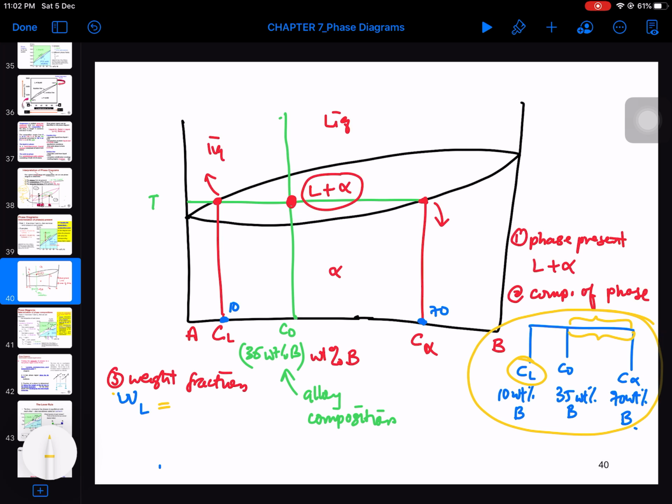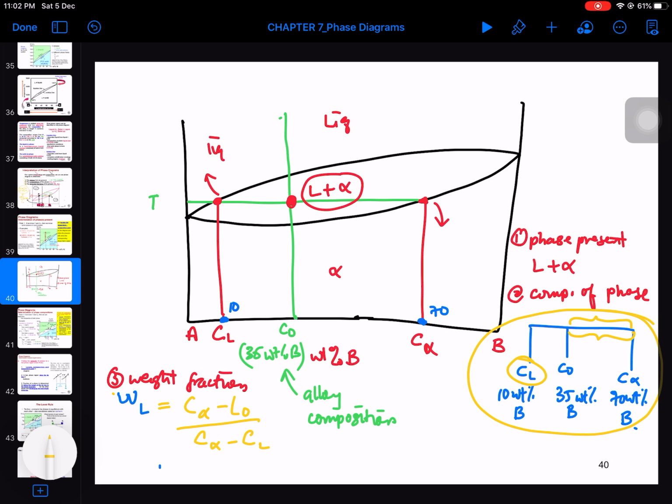So that is C alpha minus C naught, over the total length of the line, which is C alpha minus C L.